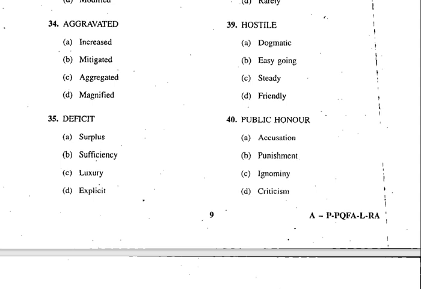And what does mitigate mean? Making less severe, lessening the seriousness, or lessening the pain. Aggregate is total. Then magnified, increased, magnifier. So the right word which is quite opposite is mitigating. Aggravating and mitigating. Mitigating means reducing, becoming less severe.